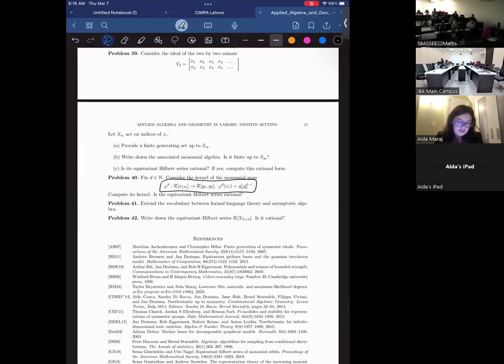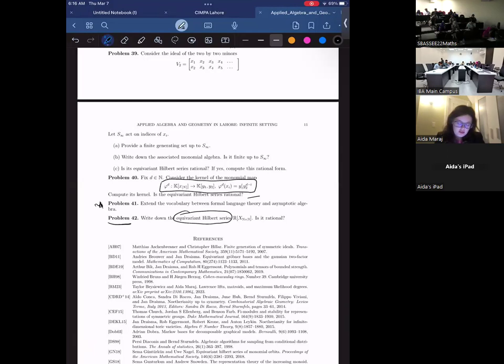And one can generalize this to higher dimensional or the Segre Veronese embedding, and these are all open questions that people have not tried. And this is something I already mentioned, a comment on extending the vocabulary between formal languages theory and the dictionary in asymptotic algebra.